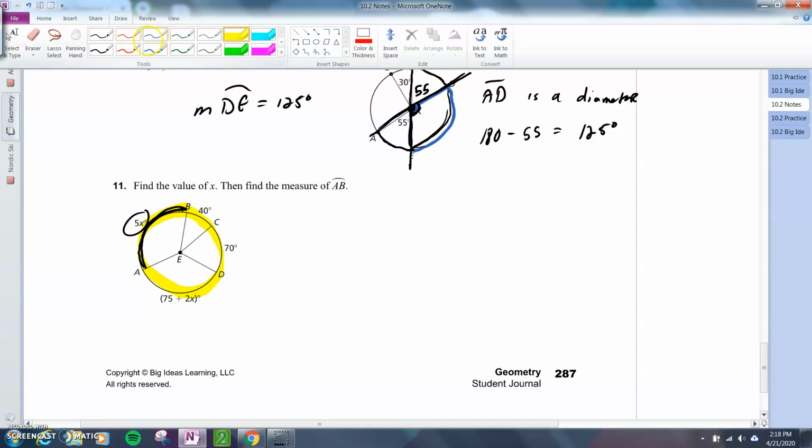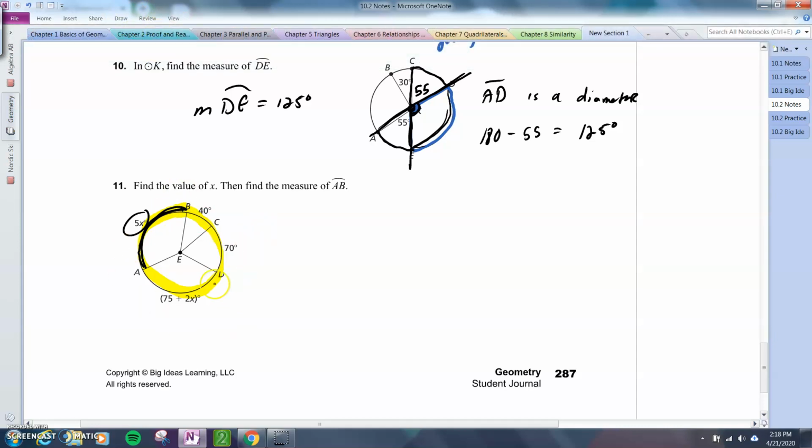So I'm going to add up all these arcs, set them equal to 360, and then do a little algebra to find x. So I know the whole thing's going to be 5x plus 40 plus 70 plus 75 plus 2x. So that's all those arcs added up. We know those have to be 360 degrees.